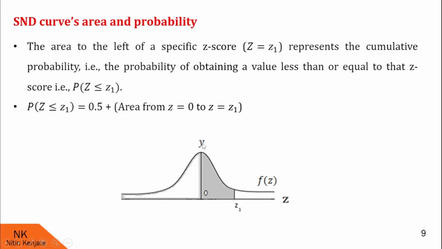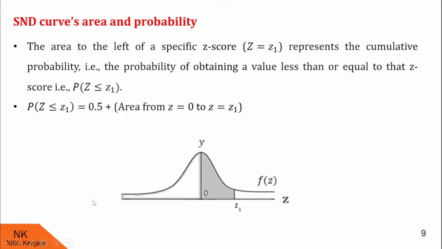This is the standard normal distribution curve. We want to find out the probability of z less than or equal to z1. Here is z1 on the z-axis. Probability of z less than or equal to z1 means the area covered by this standard normal distribution curve from z equal to minus infinity to z equal to z1.